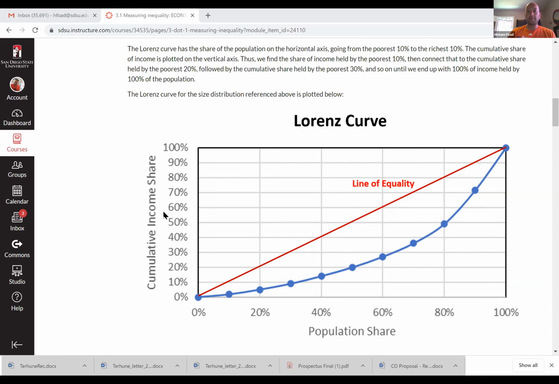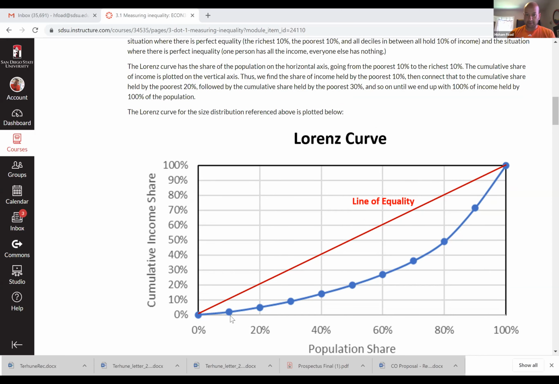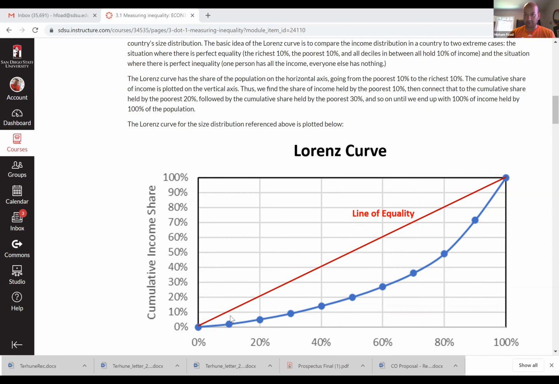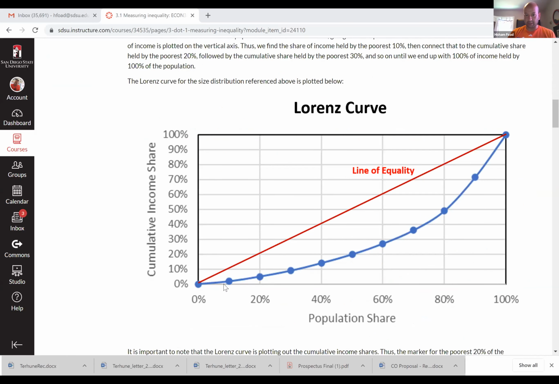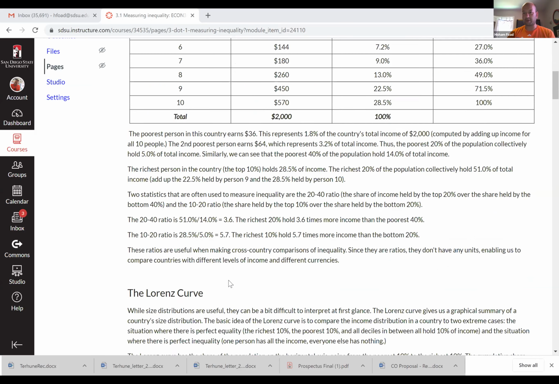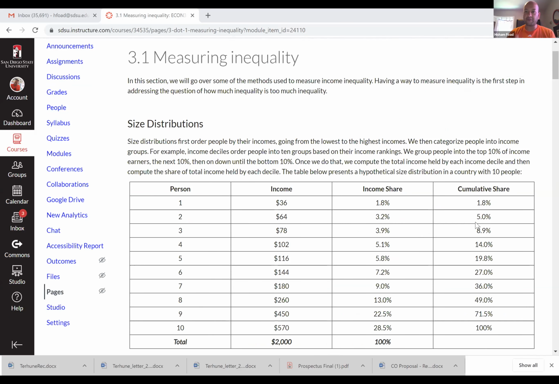Now, the Lorenz curve simply is going to say, all right, the bottom 10% of the population holds, if we go back up to this table, 1.8% of income. And so we have this point right here, 10% of the population holds 1.8% of the income. The bottom 20% of the population, remember we need to go up here to the cumulative income share, they hold 5% of income. All right, every time I teach this class, people make this mistake.